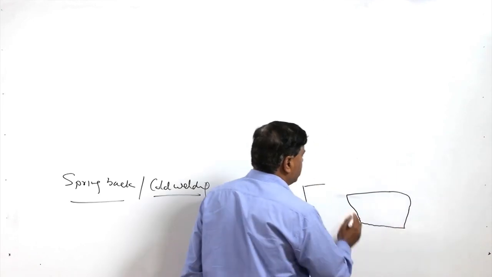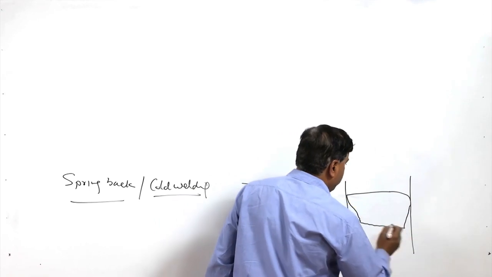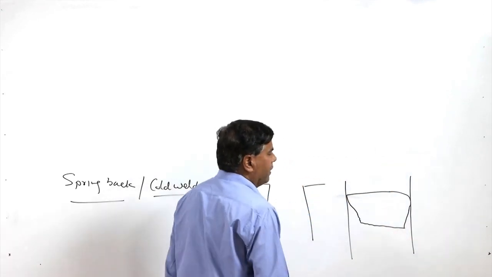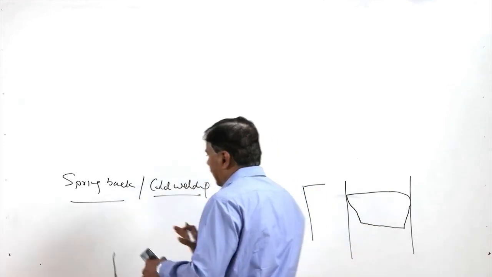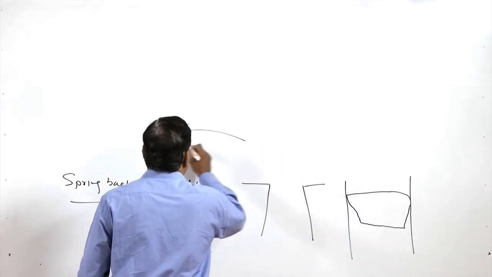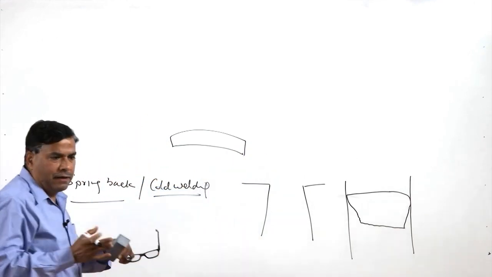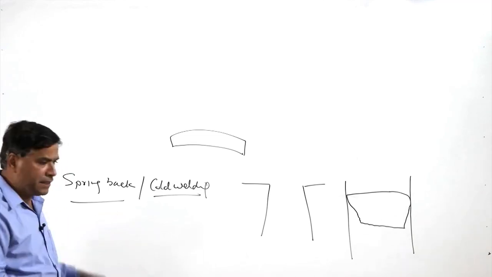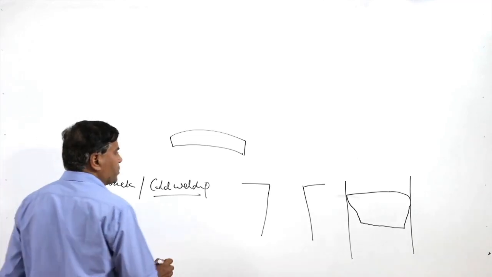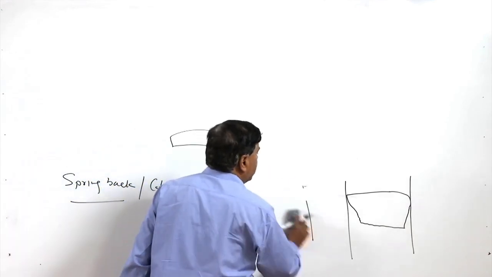This portion will be passing through the die. Because of the spring back effect, whatever bending is there on the slug, the slug gets straightened as it gets space in the die, especially in the lower portion of the die. So it may remain attached there.